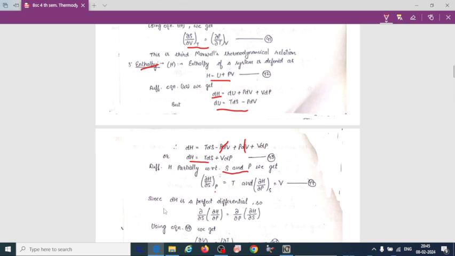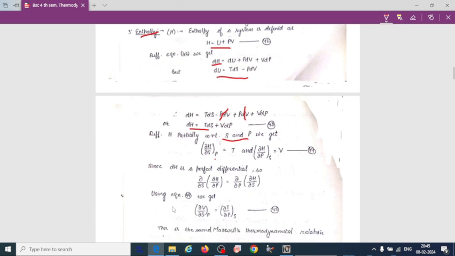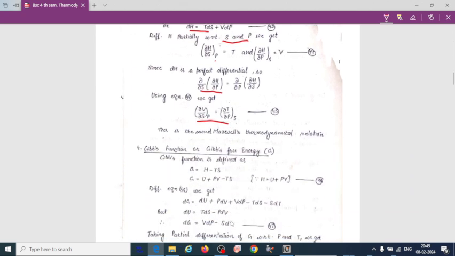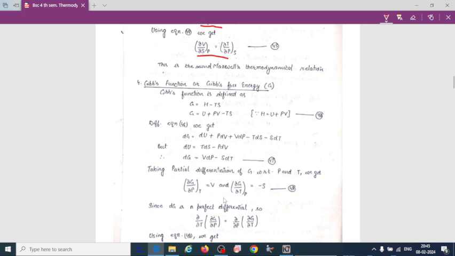Since this differential form of H is a perfect differential, we can equate these two equations. Finally we get the third Maxwell's thermodynamic relation, that is dou V by dou S at constant pressure is equal to dou T by dou P at constant entropy.